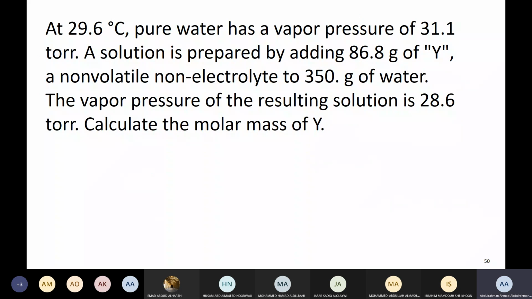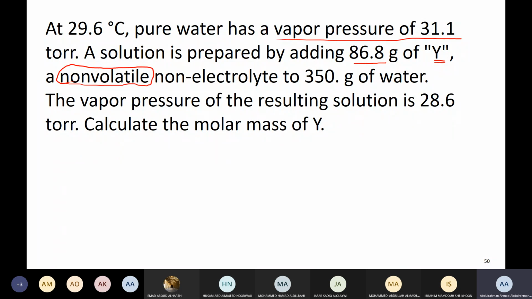At 29 degrees C, pure water has a vapor pressure of 31.1 torr. A solution is prepared by adding 86.8 gram of Y, a non-volatile, non-electrolyte compound, to 350 gram of water. If I say non-volatile, what does that mean? i equals 1. It has no vapor pressure.